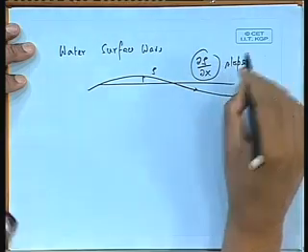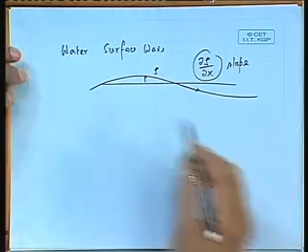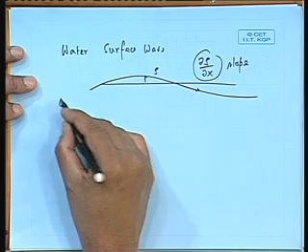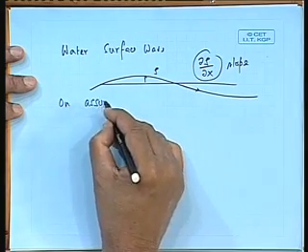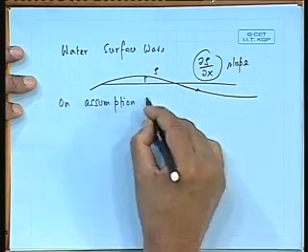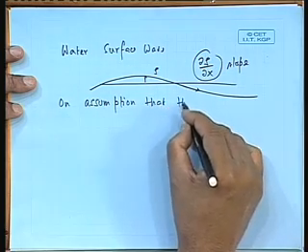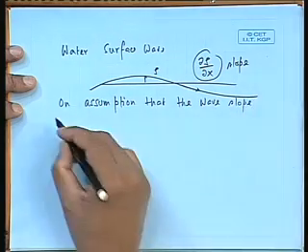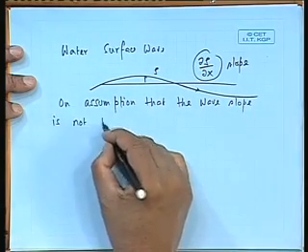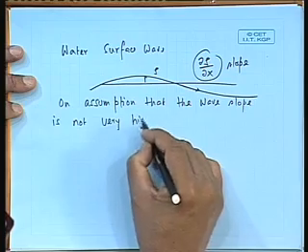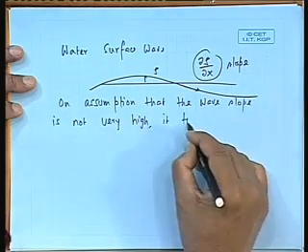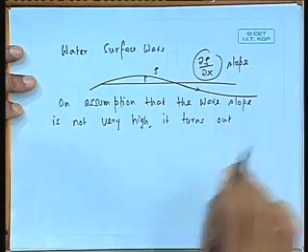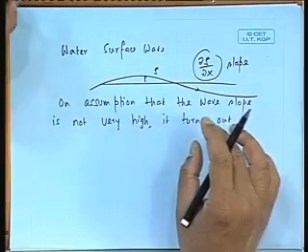If you assume the slope is not very high, it turns out that the solution of the fluid mechanics problem tells us that the surface of the wave will become sinusoidal.